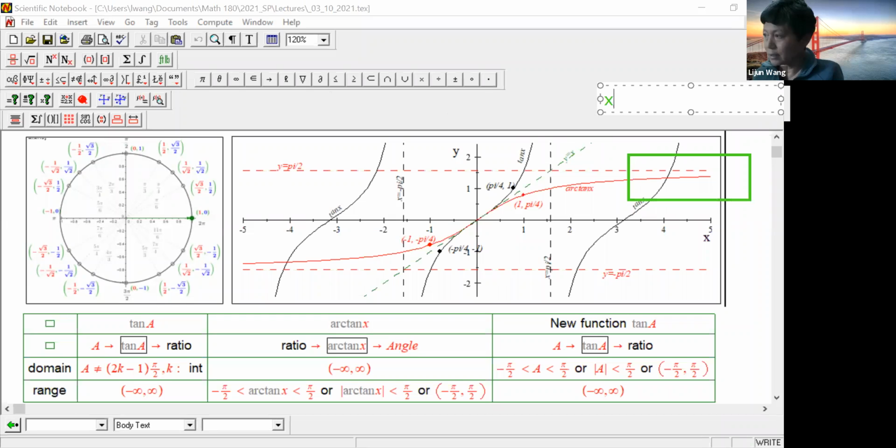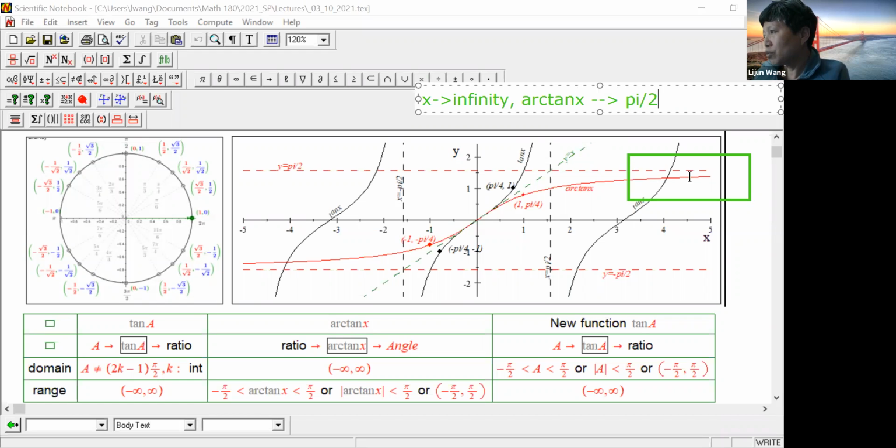It depicts as x approaches infinity, the curve, arctan, will be approaching pi over 2. This red curve will get infinitely close to the broken red horizontal line. Do you guys follow me? That's what this picture depicts. Follow me?